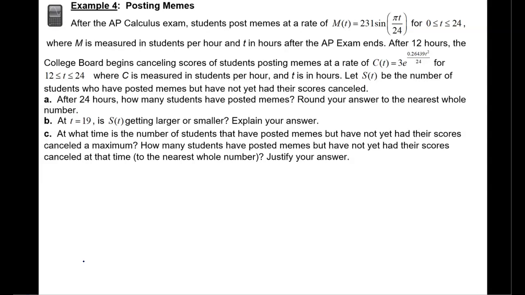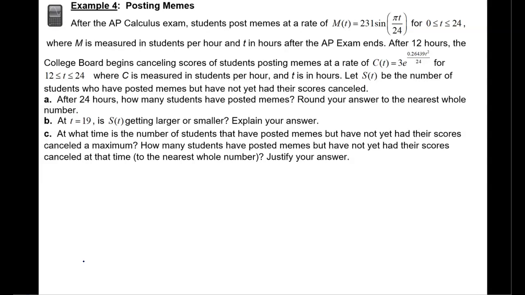So again, similar to what we were looking for in that other problem, we want a max, so we need the candidates test. We need the candidates test for S of t. How many students have posted means but have not yet had their scores canceled at this time?